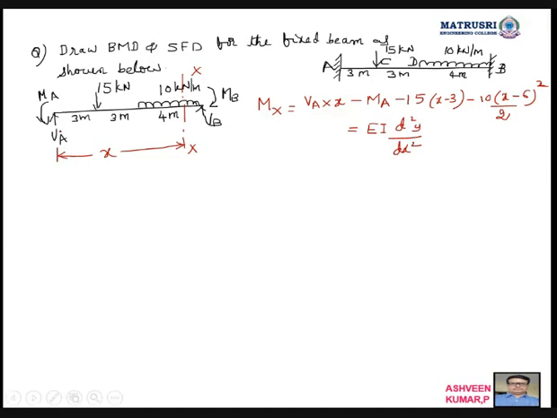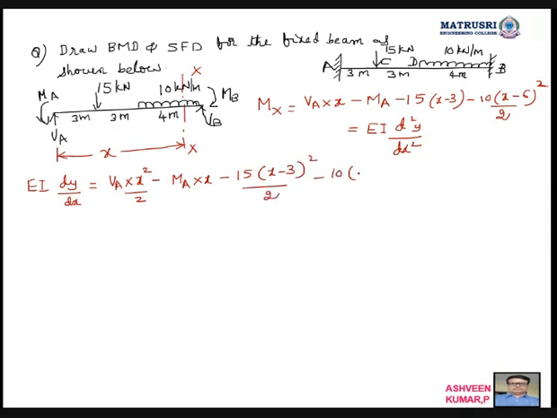On integrating, now go for integrating. On integrating, what will happen? EI dy by dx is equal to VA into x square by 2, then minus MA into x, minus 15 into x minus 3 whole square by 2, minus 10 into x minus 6 whole cube by 6, plus C1.